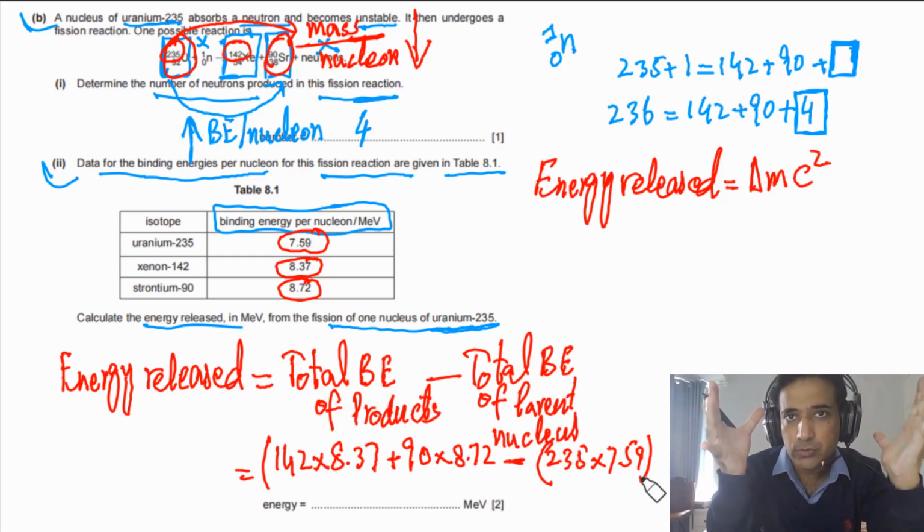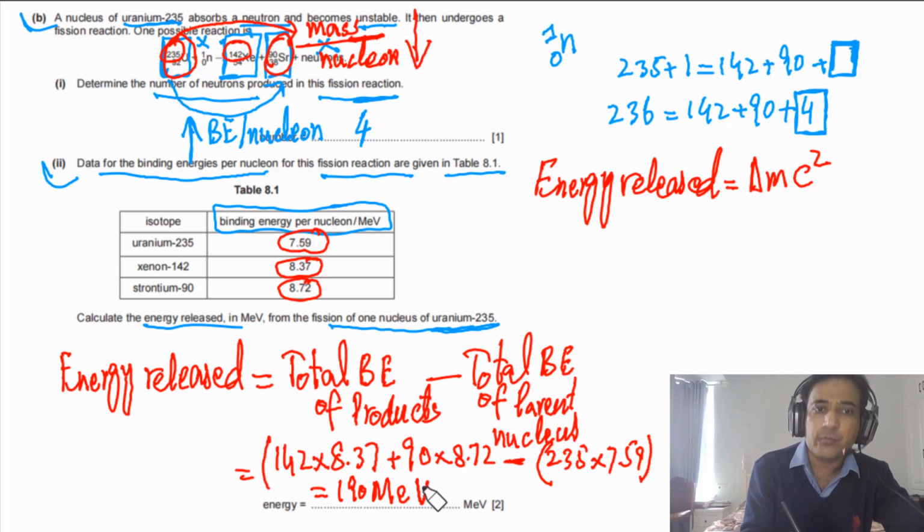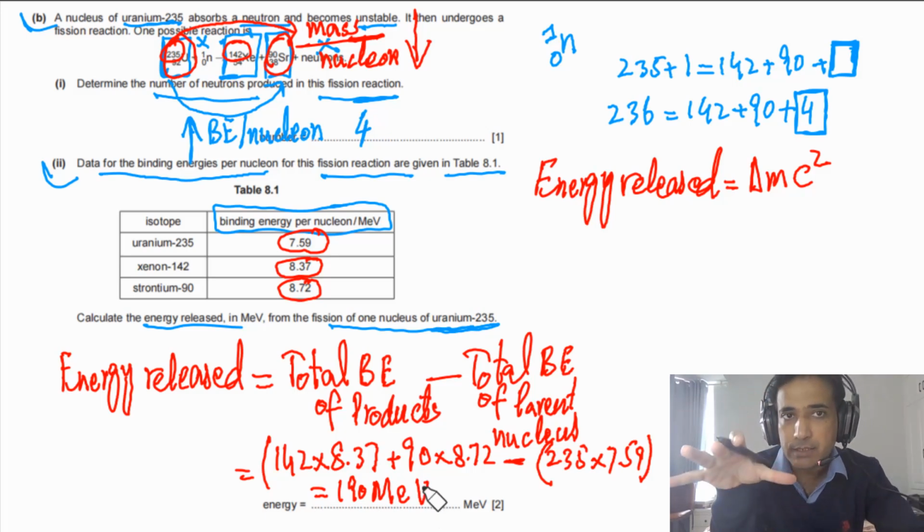That's all, this is how you need to do it. Now if we do simple mathematics, we get the answer 190 mega electron volts. So this is the final answer.